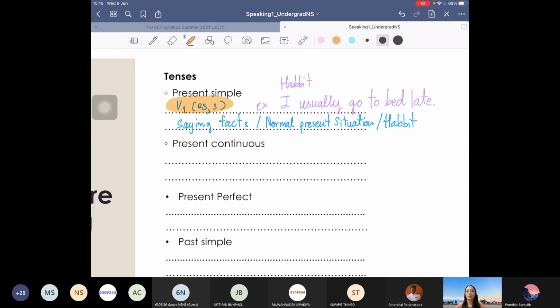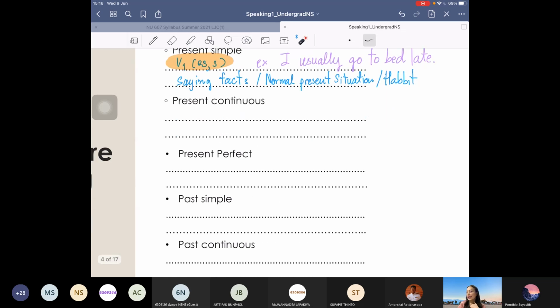If you talk about an activity or event that happened in the past, you have to use the past tense. And another thing, you have to remember the structure of the sentence. Like in this example, you have to remember that in present simple, we use verb form one, or a verb modified with s or es.